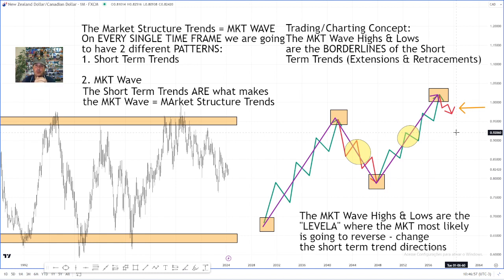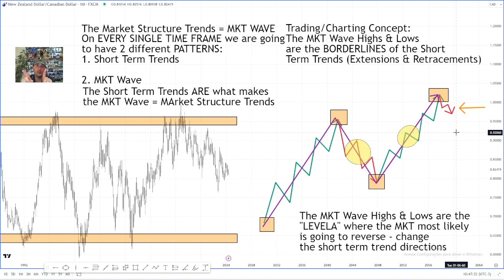This is maybe the most important lesson you've ever heard about charting or trading or just simply understanding how the forex market works. This is the big one, really, but it's basic stuff. It's also true that if you don't learn how to spatially see on the chart, and you are not able to correctly connect highs and lows of the market wave and the market structure trends, and separate them, not mix apples with bananas.